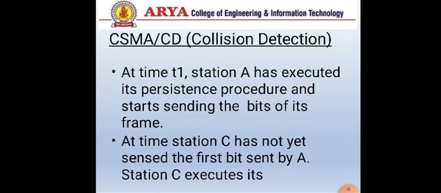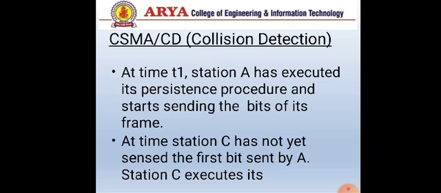Now we move on to CSMA/CD. CSMA is carrier sense multiple access, and CD is collision detection, so as the name says, we detect the collision. At time t1 station A has executed its persistence procedure and starts sending the bits of its frame.